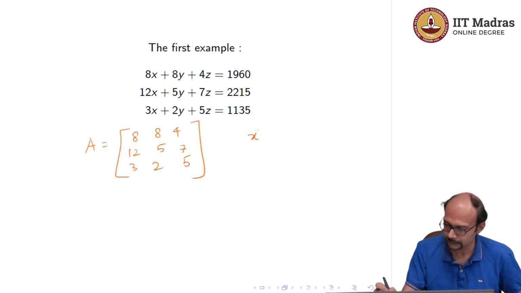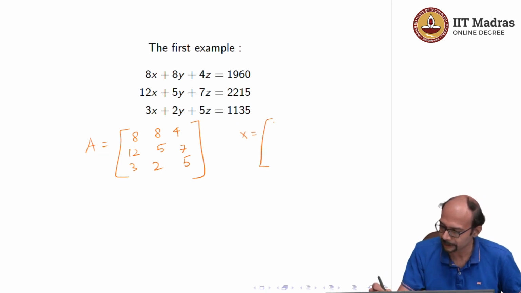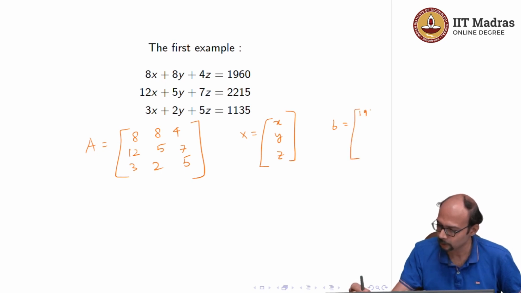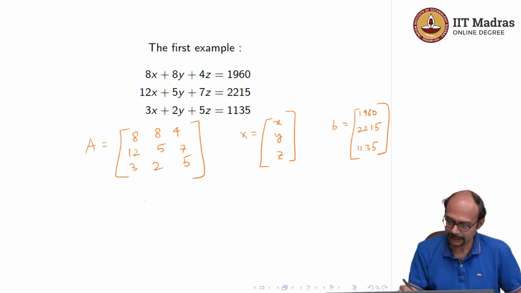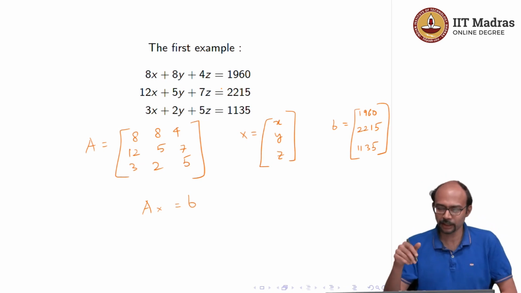The matrix X, which is a column matrix, will be x, y, z, and the matrix of constants is going to be 1960, 2215, 1135. Once again I'll encourage you to check that AX equals B exactly captures the system of linear equations upstairs.